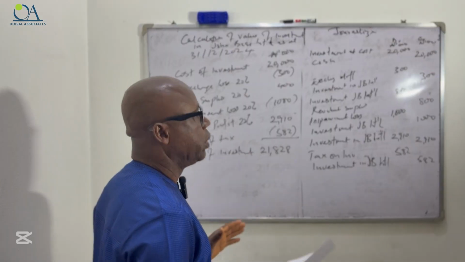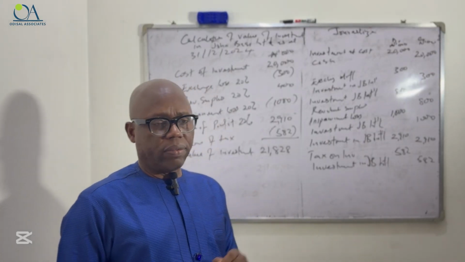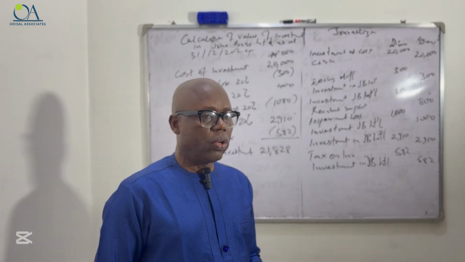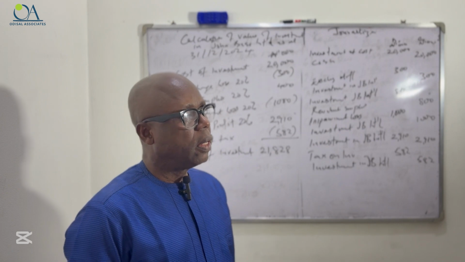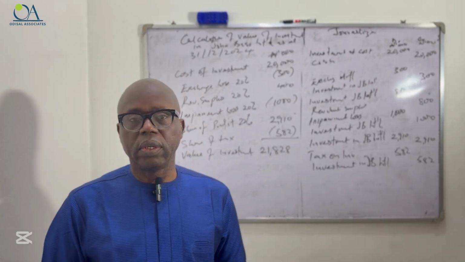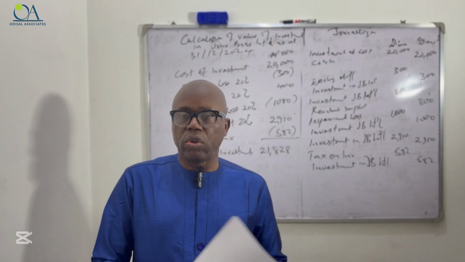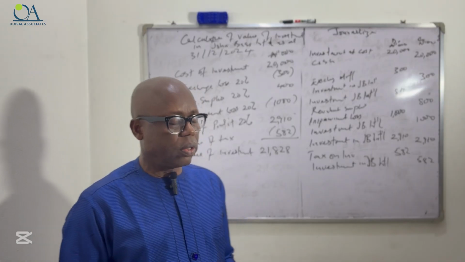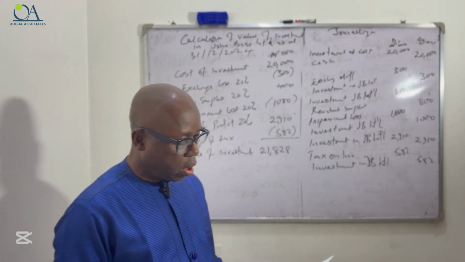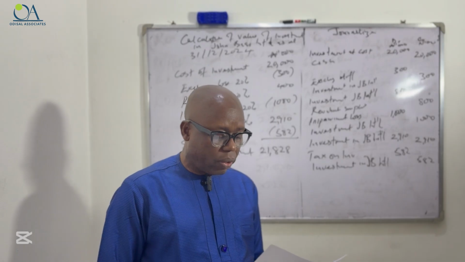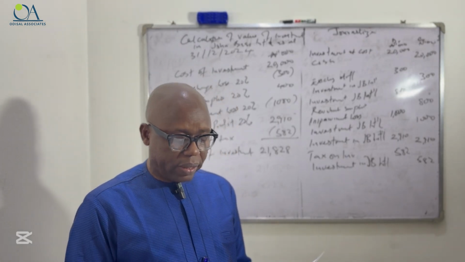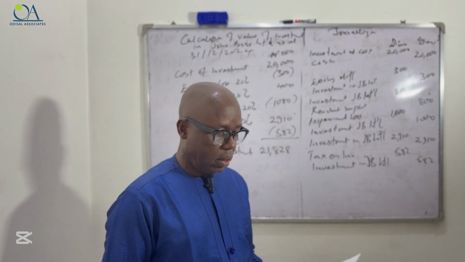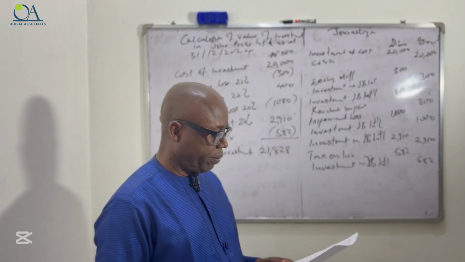Okay, having solved number one of the requirements of the question, to prepare statement of profit or loss and other comprehensive income and statement of financial position, we are going to go into requirement 2 of the question, which states that we should use the equity method to calculate the value of investment in John Barr's as at the end of 2024 by MGF PLC.